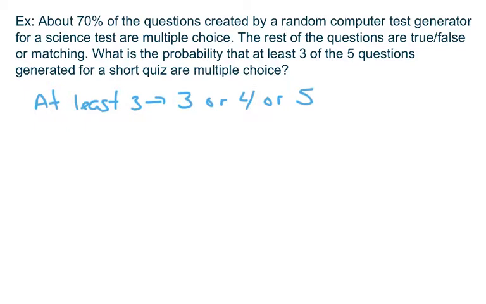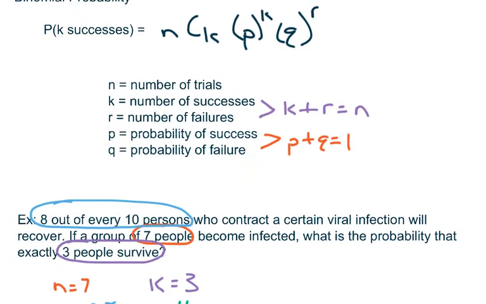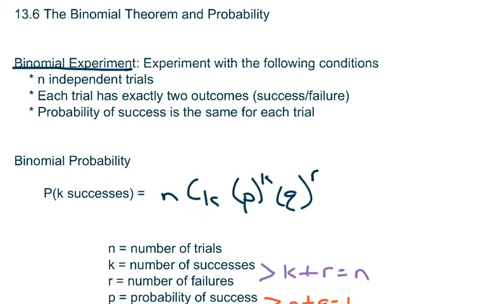So what we need to do is find the probability that we get exactly 3, the probability that we get exactly 4, the probability that we get exactly 5, and then add them together, and that will give us our final answer. Now, we do have 3 outcomes here, and the issue with this is if we go back to our qualifications, it says exactly 2 outcomes.